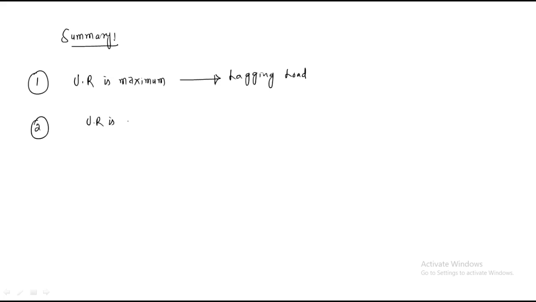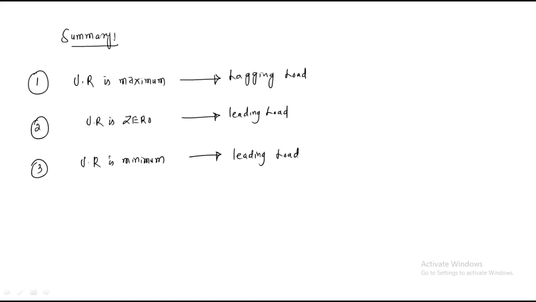Voltage regulation is 0 during leading load. That is, whenever we have leading load, we can get 0 or minimum voltage regulation, right? We all know that voltage regulation is percentage R only at unity power factor.